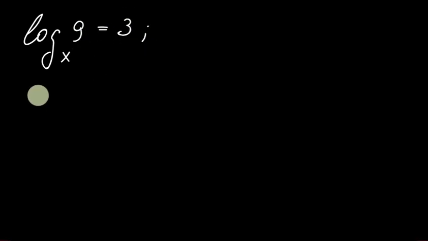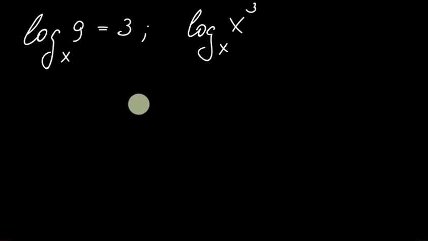Let's say we have a logarithm base x of 9 and it is equal to 3. So we could solve this a bit differently. We could use the same thing that we did in all our previous examples. So we could write this side as a logarithm base x. A logarithm base x of x is 1, and if it's to the third power, this will give us 3.